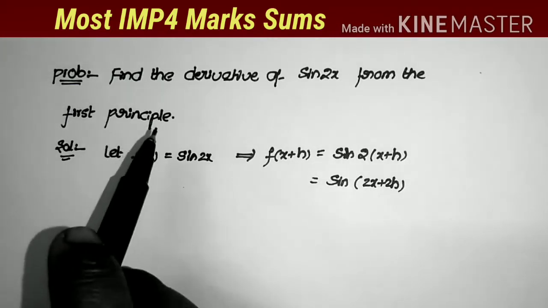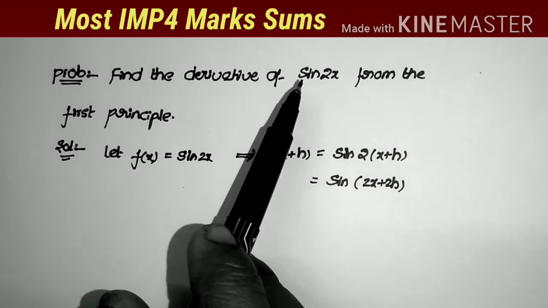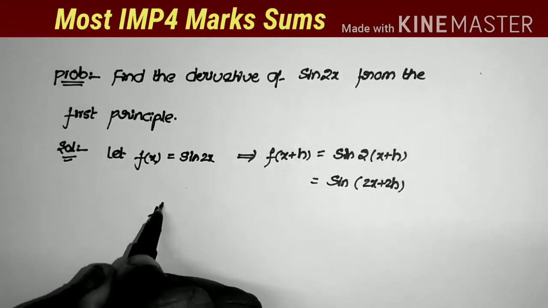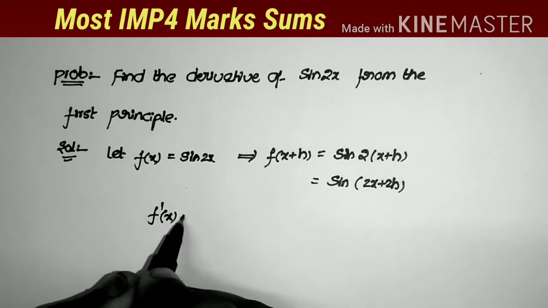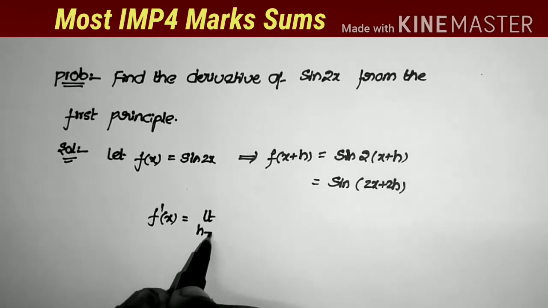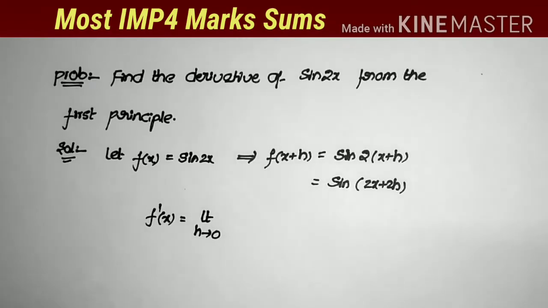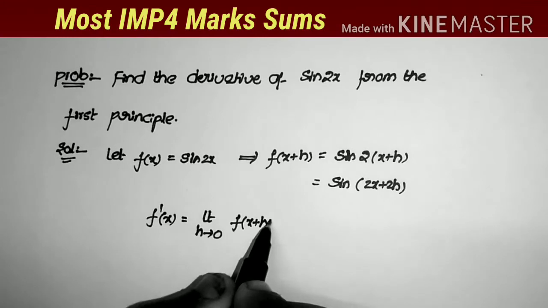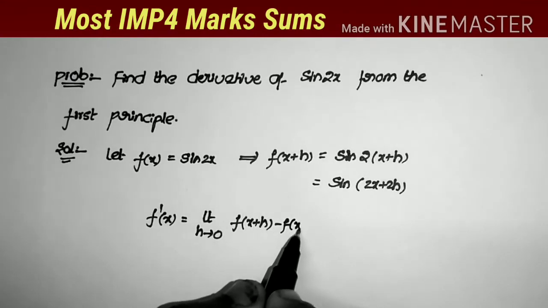Now what is the given question? Find the derivative of the given function using first principle. So first we take the first principle formula. F dash of x is equal to limit h tends to 0 of f of x plus h minus f of x, by h.